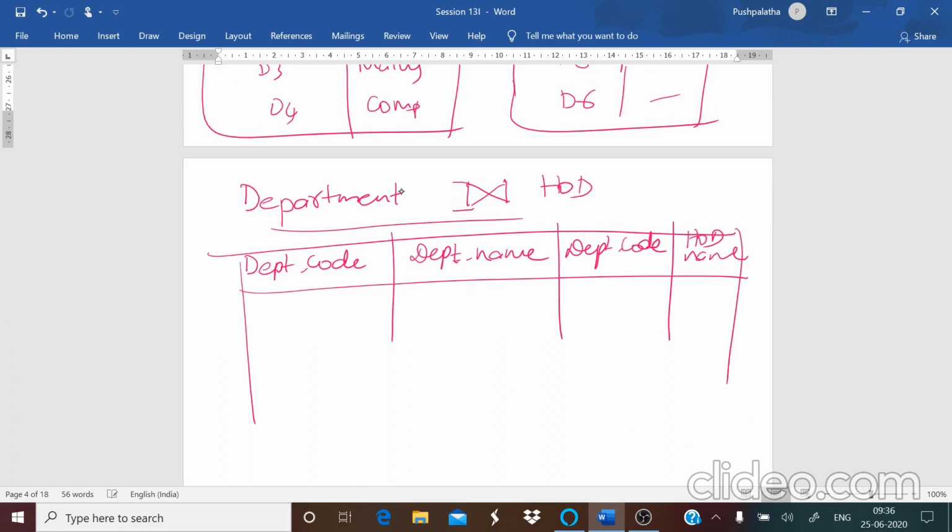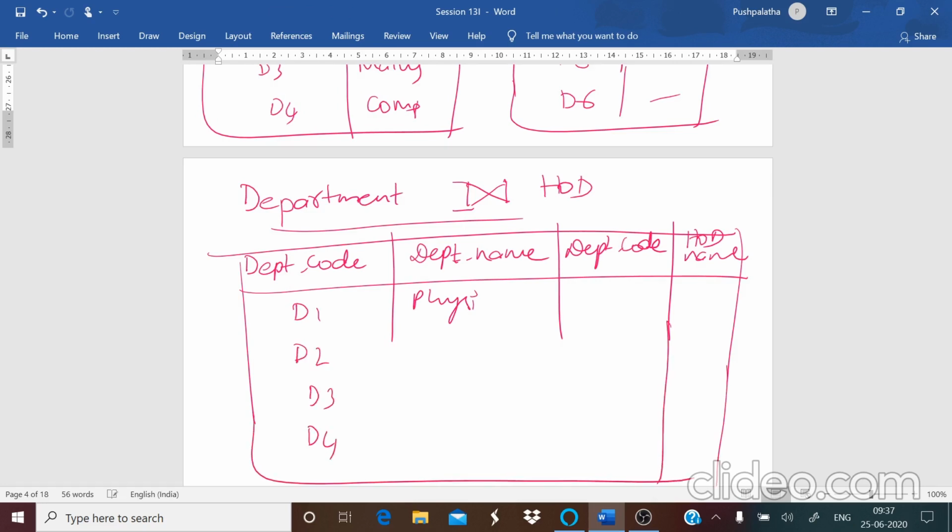But what happens is, D1 physics, everything that is present in the left will be there. So D1, D2, D3, D4: physics, chemistry, mathematics and computer science. And here D1 is present, and you have a name here.